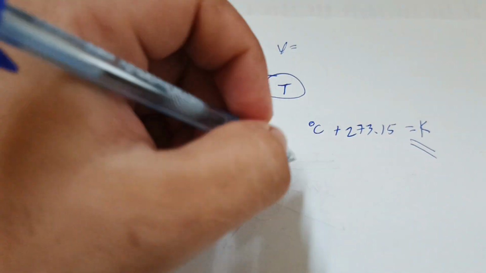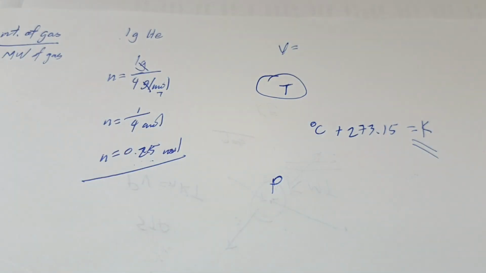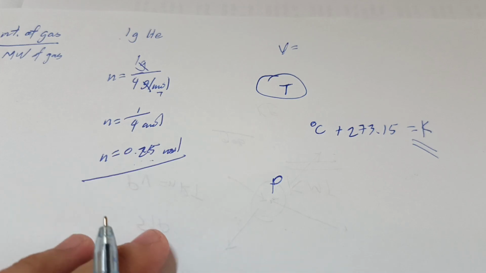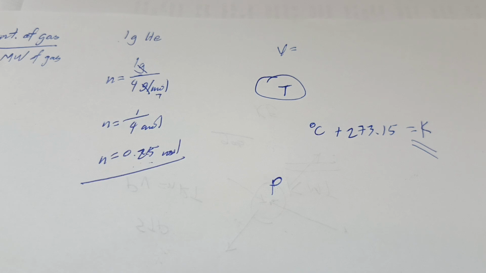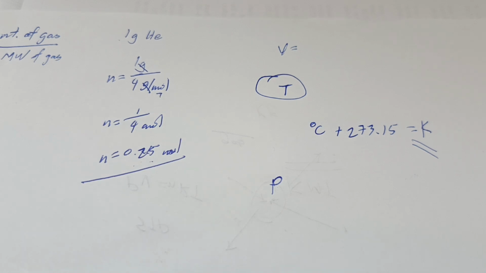And last, we have pressure. The collisions of gas particles with the walls of the container result in gas pressure. Every time a particle collides with the wall, it exerts an outward push or force on the wall.